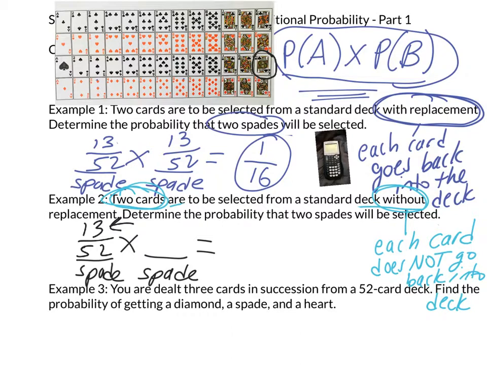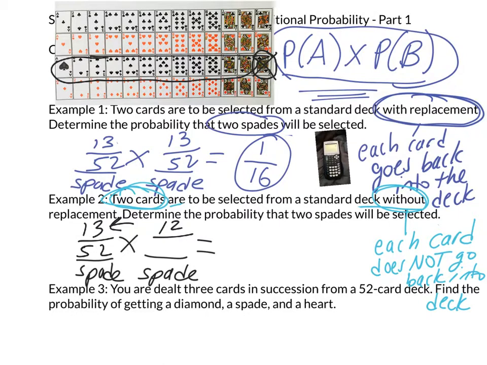Without replacement means the king of spades does not go back into the deck. It's now off to the side, so I will never ever draw the king of spades again. So before my hand goes in to grab card number 2, my spades are down to only 12, ace through queen.